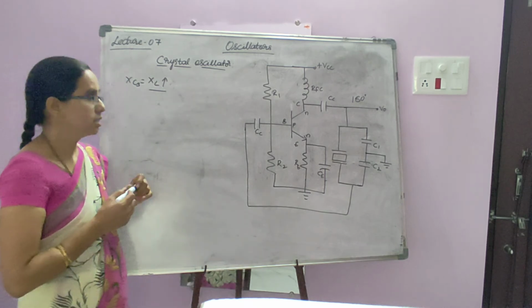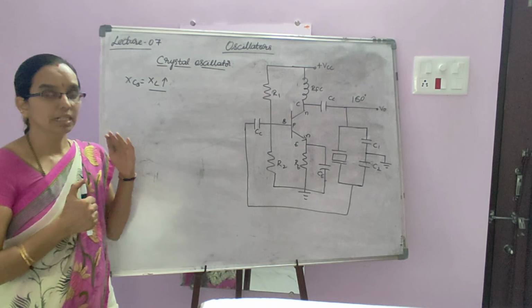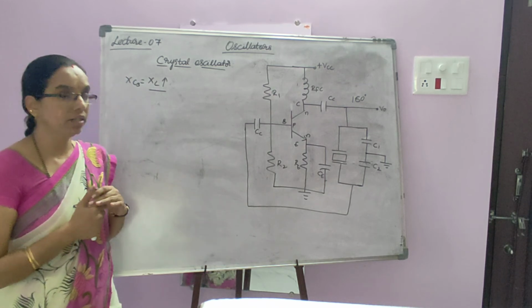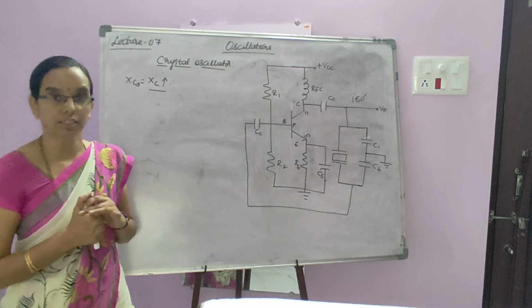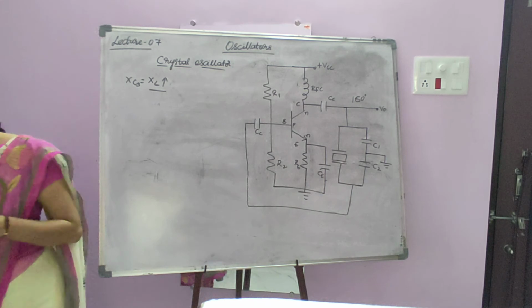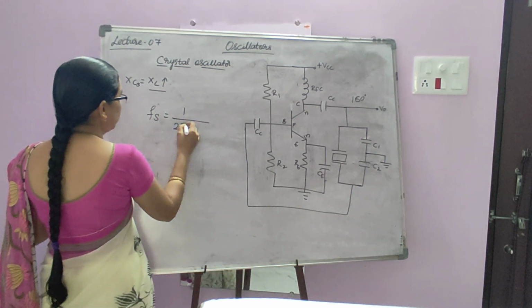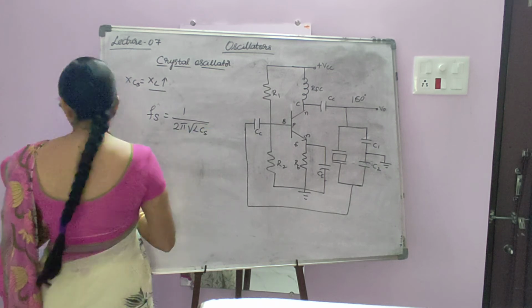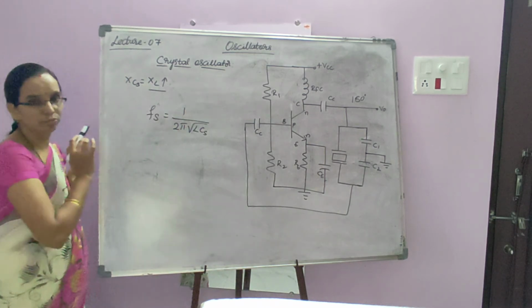This is how the crystal oscillator behaves. So it is same as Colpitts oscillator, only thing the inductor is replaced by the crystal. And the frequency of crystal oscillator Fs is equal to 1 by 2 pi into root of L CS. And this crystal oscillator oscillates at this frequency.